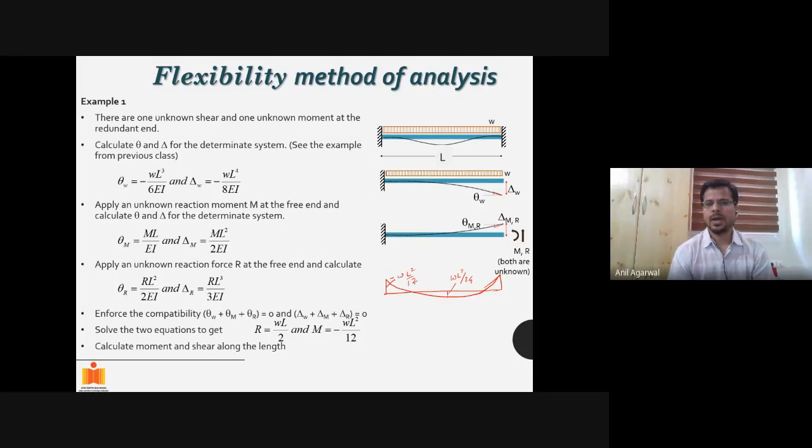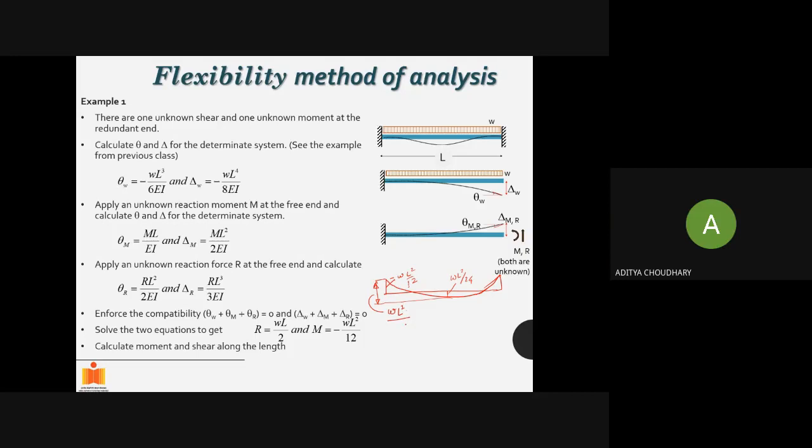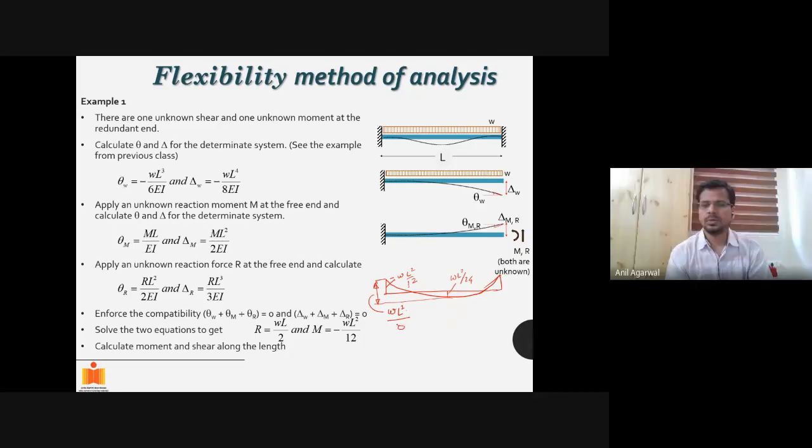If you add the two, WL square by 12 and WL square by 24, how much do you get? Ignore the sign, just add or take the difference from here to here. What is this distance? How much is that moment? WL square by 8.